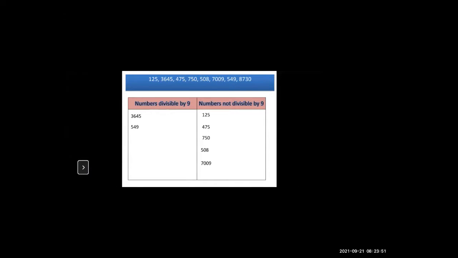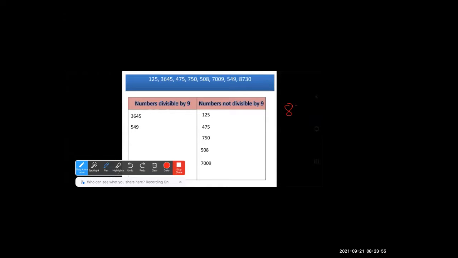Very good. Now the last question. 8,730. Okay. Now again, just add all the digits of this number and tell me whether this is divisible by 9 or not.